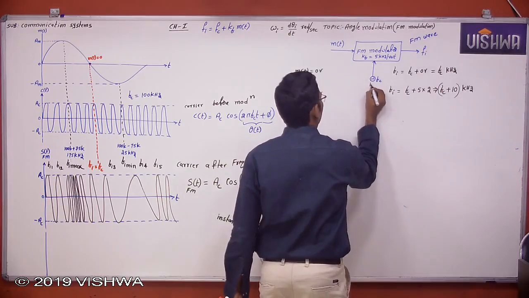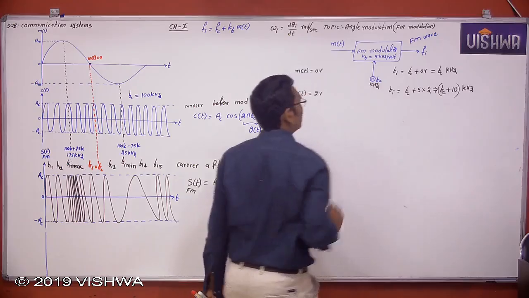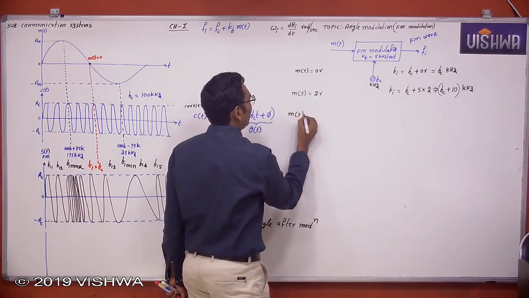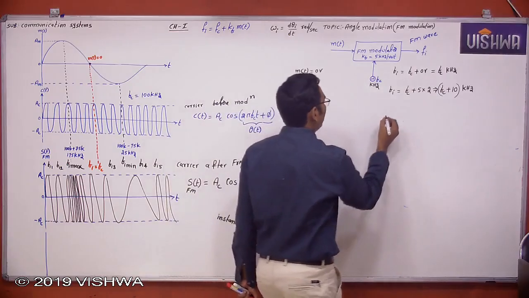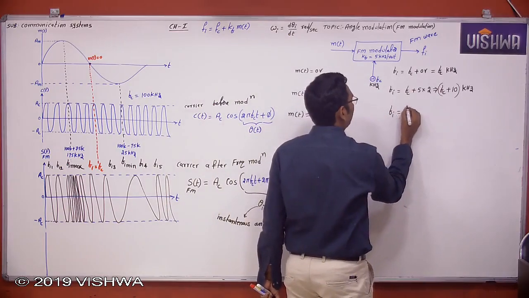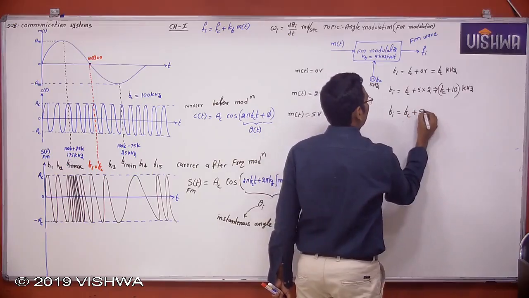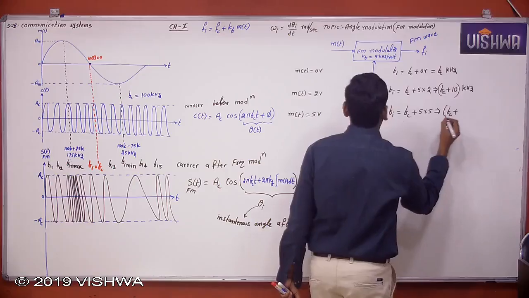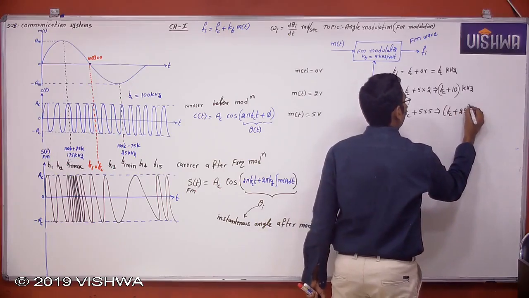Now let us assume this Fc is in kilohertz. When m of t is equal to 5 volts, then what is the frequency? F5 is equal to Fc plus 5 into 5, which is equal to Fc plus 25 kilohertz.